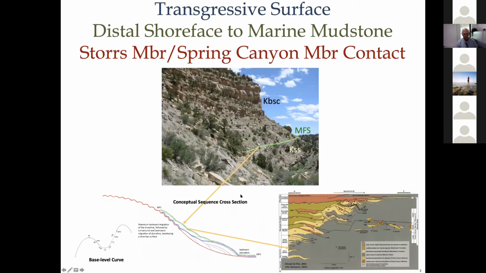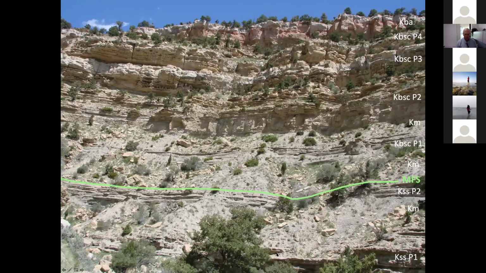Notice that these Storrs sequences become progressively less well developed, and then it turns around and we go from progradation in the lowstand systems tract to retrogradation in the transgressive systems tract, and up through here, and then it turns back into progradation in the highstand systems tract.